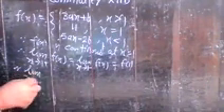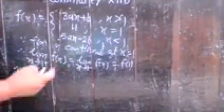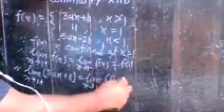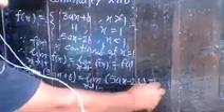Now putting its value, limit x tends to 1 plus means greater than 1. So here you can write 3ax plus b. Limit x tends to 1 minus means x is less than 1. So you can write 5ax minus 2b, and the value of f(1) is given 11.